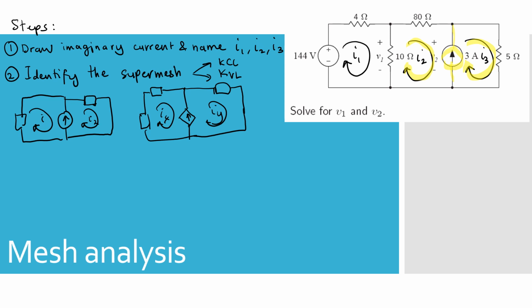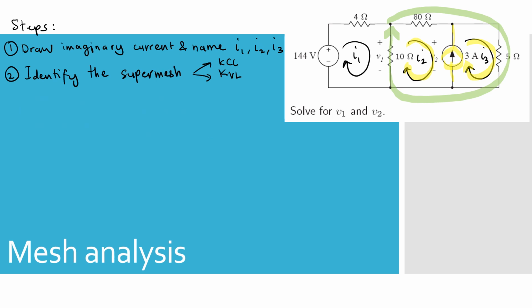So you can draw the boundary of this imaginary current, which is our supermesh. You need to include both loops. According to this, you can build up the KCL at this supermesh.